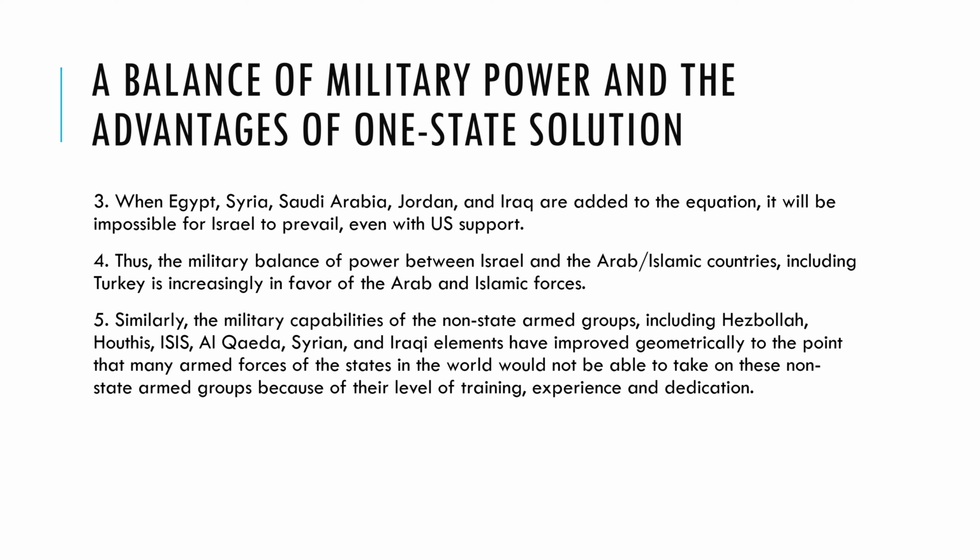Similarly, the military capabilities of the non-state armed groups, including Hezbollah, Houthis, ISIS, Al-Qaeda, Syrian and Iraqi elements have improved geometrically to the point that many armed forces of the states in the world will not be able to take on these non-state armed groups because of their level of training, experience, and dedication.